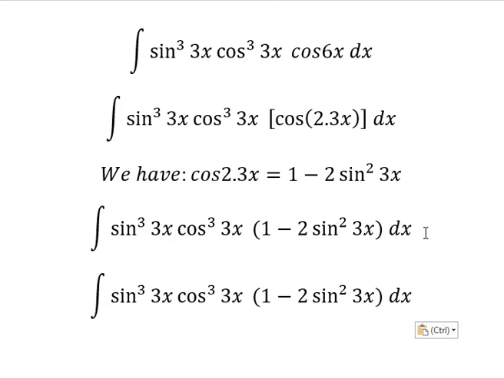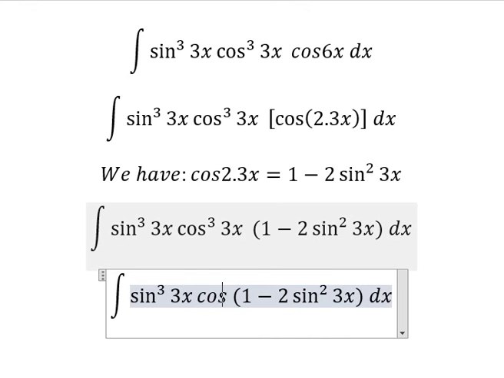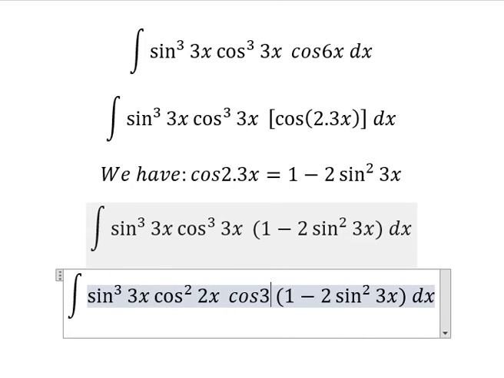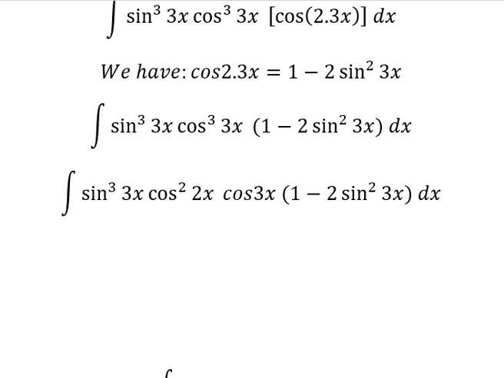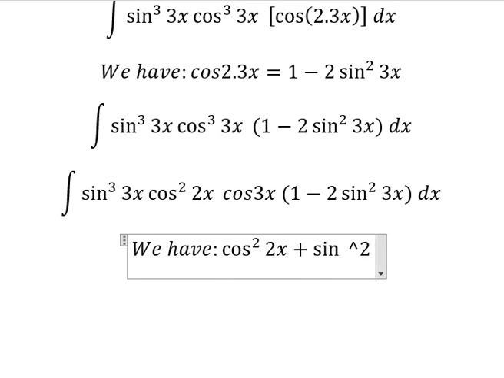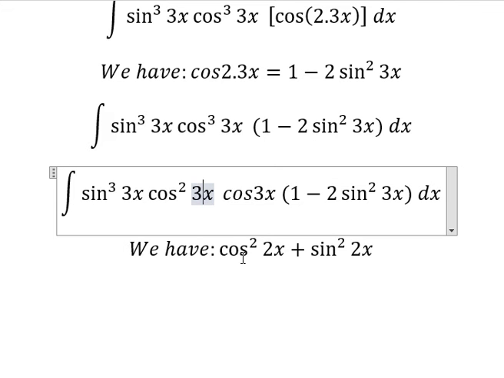Next, about cosine 3x to the power of 3, we can write it into cosine 3x squared multiplied by cosine 3x. So we have the second formula in here: cosine 2x squared plus sine 2x squared, number 3.